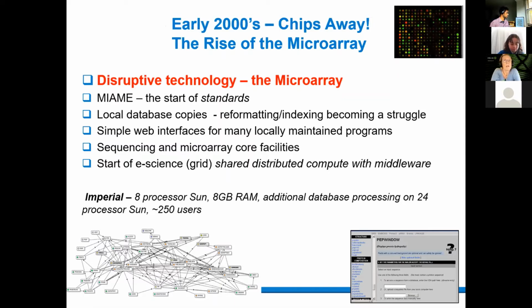And at this time also, we were starting to see the start of distributed computing, so-called e-science or grid computing, being used to share distributed compute across multiple sites. So this started off as a research area in its own right, and eventually turned into what we would consider to be the cloud today.